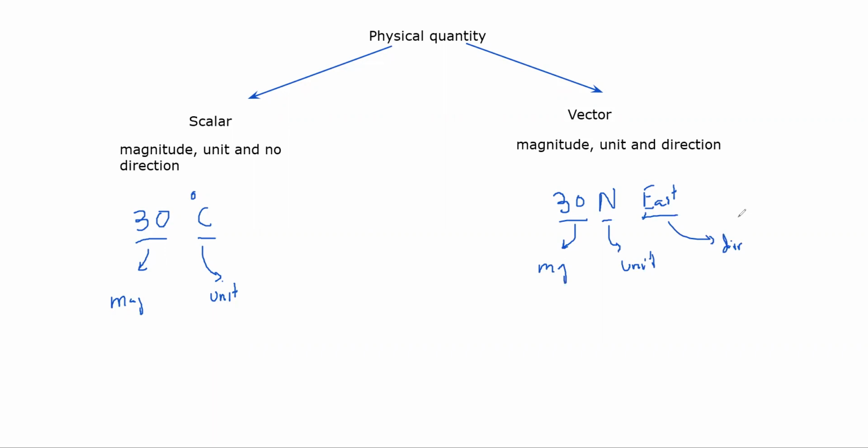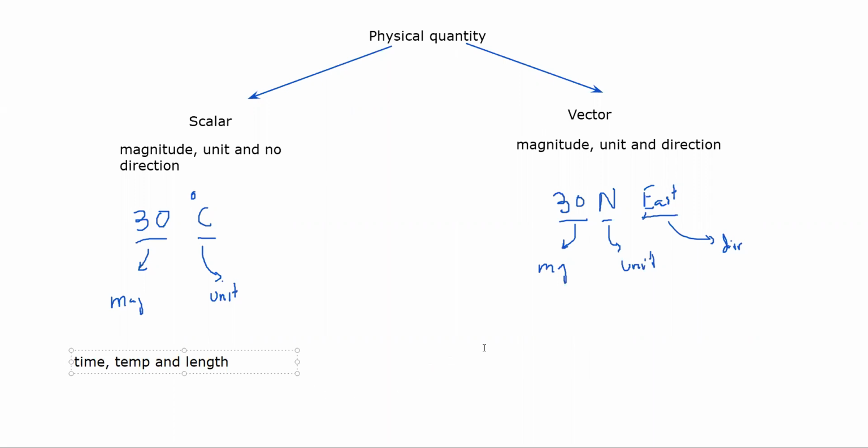So it has magnitude, unit, as well as direction. We call this quantity a vector quantity. So vector quantities have all three things: magnitude, unit, and direction. Some examples of scalar quantities: time is a scalar, temperature is a scalar, and length is also a scalar.